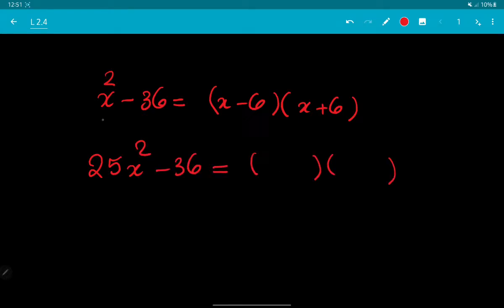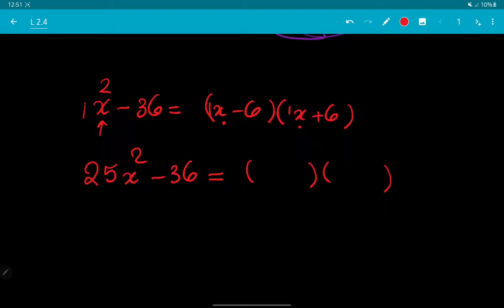It's the same, since you can factorize x squared to be x, and the coefficient here is 1, so it's 1 multiplied by 1. You can do the same here. 25 is 5 multiplied by 5. X squared is x multiplied by x, so this could be factorized to be 5x multiplied by 5x, minus 6 plus 6. This is everything about the first group.